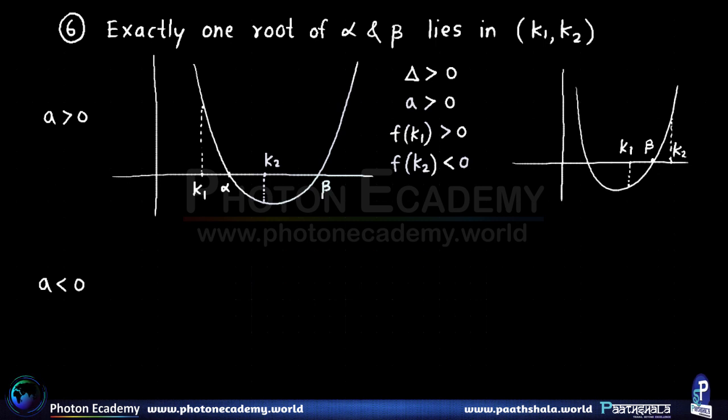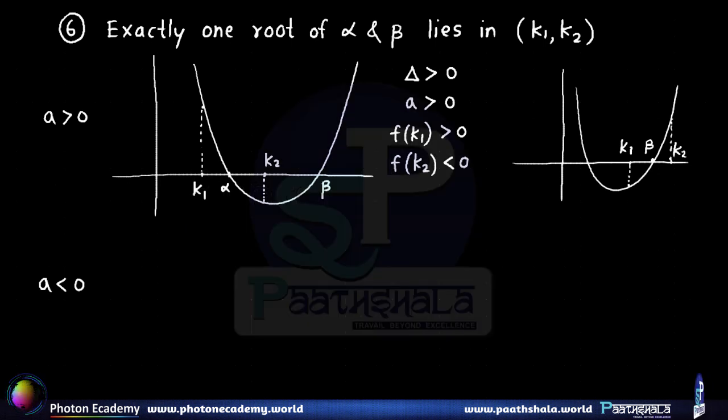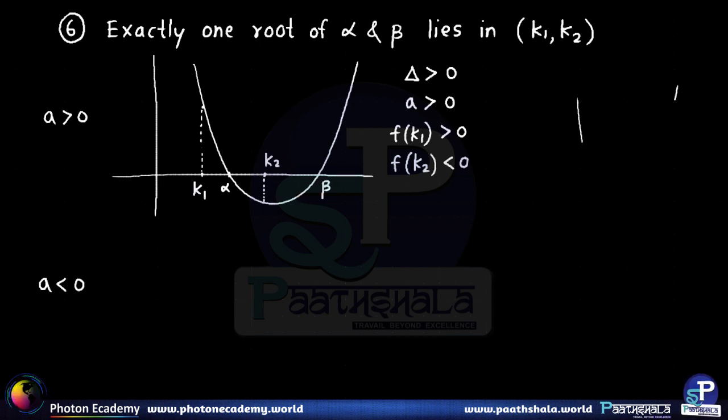So basically the functions at these two endpoints of the interval are of opposite signs. So this opposite signs of the two functions will hold even if we consider the other root. So it is not needed to consider that particular case.